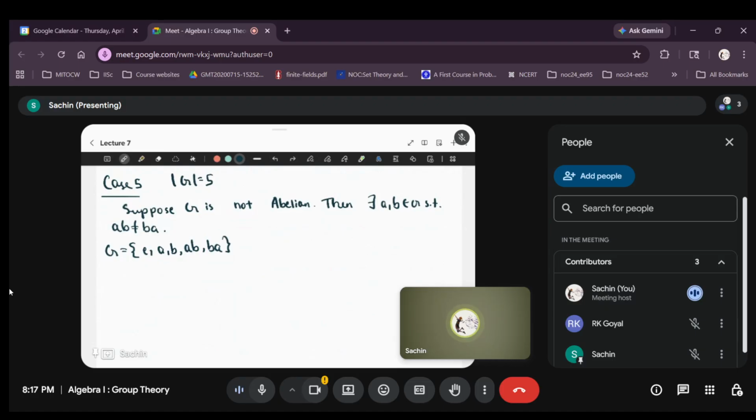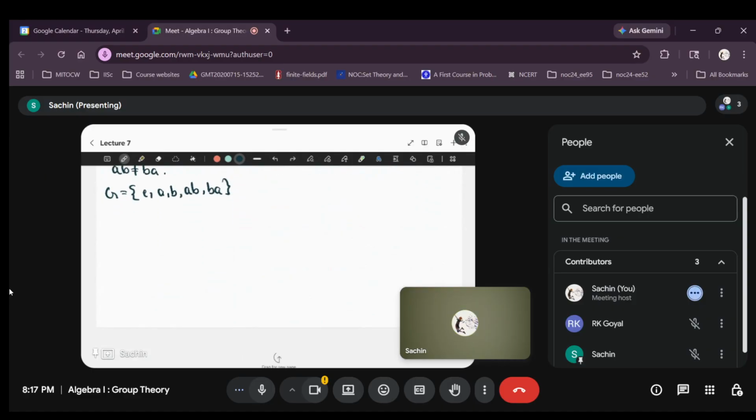So the group is E, A, B, AB, and BA. Now to prove that this is actually abelian, we'll first prove a few claims.